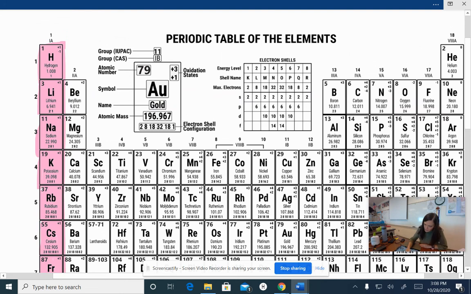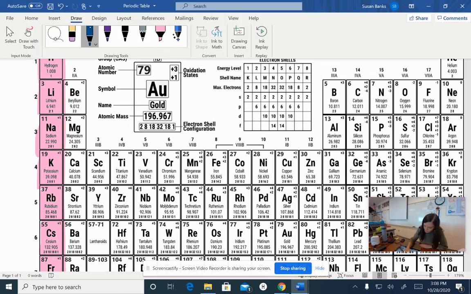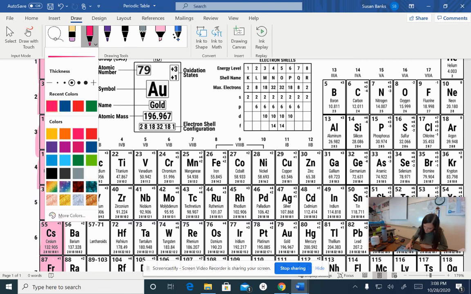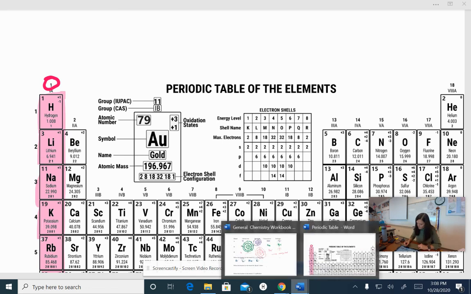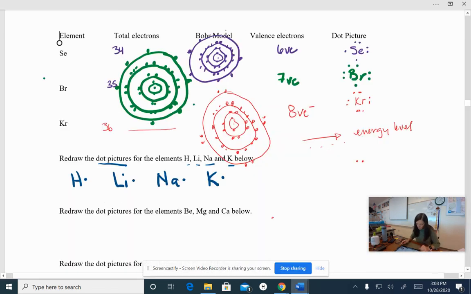So I'm going to label this. I'm just going to circle this 1, meaning that we have one valence electron here. Okay? So let's go back to our notes.